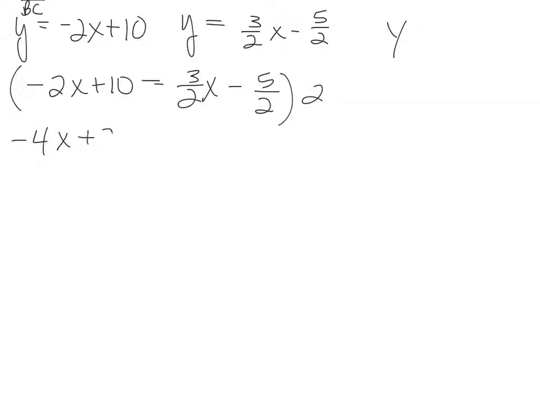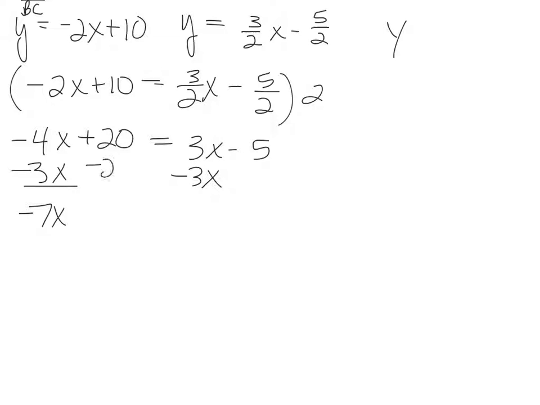Negative 4x plus 20 equals 3x minus 5. I distributed a 2 through the whole thing. So now let's go ahead and solve for x. Negative 7x minus 20 is negative 25.